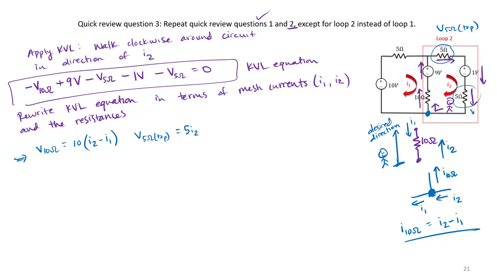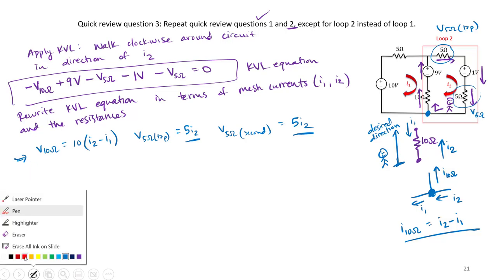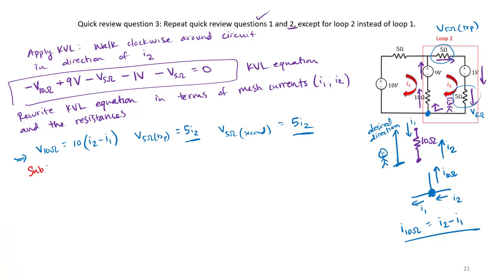And similarly, the second 5 ohm resistor also has current I2 flowing through it, so its voltage becomes 5 ohms times current I2, or 5I2. So if we substitute back in, we determine our mesh equation for loop 2.